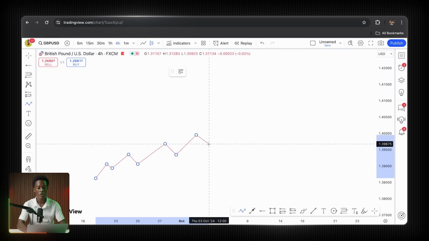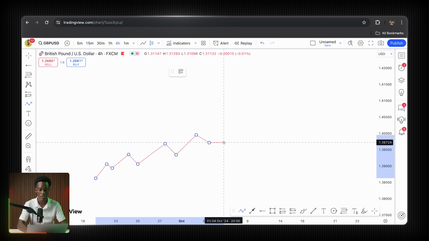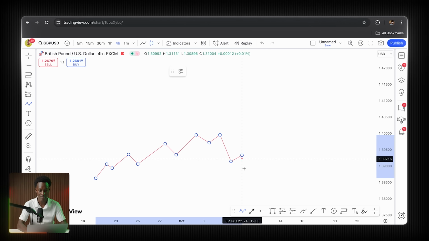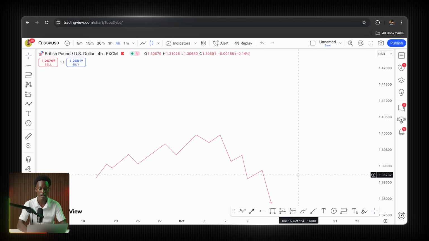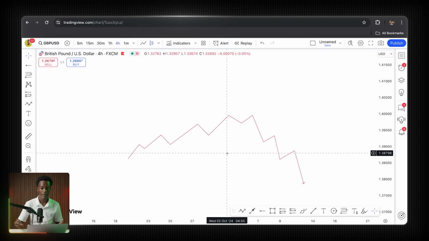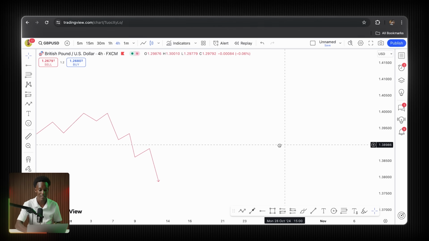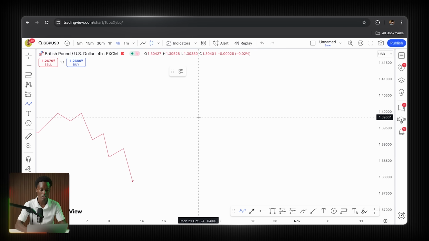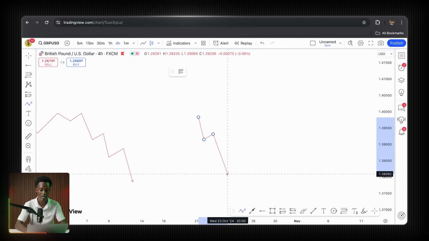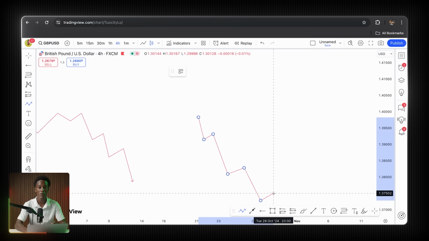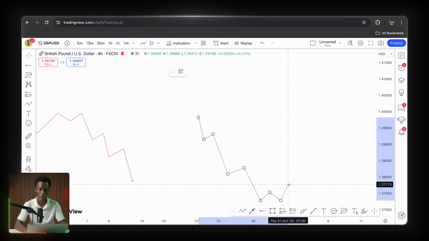At some point we shall see a change and then a change of structure. Let me quickly show you on the other side how a downtrend would look. We initially had the price pushing to the downside, and at some point we shall see a reversal and the price finally going back to the upside.